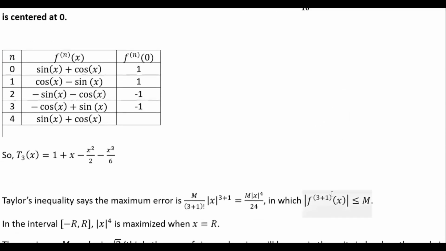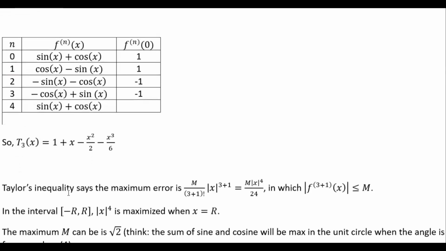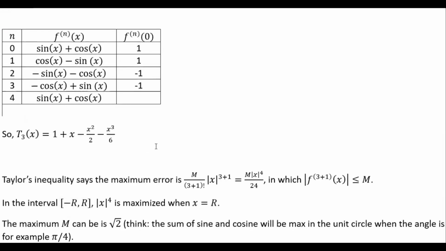Okay, so when is the 4th derivative maximized? That's why I took the 4th derivative, because we need the 4th derivative for Taylor's inequality. Actually, before that, sorry. Okay, give me 1 second. I need to review what I wrote real quick.